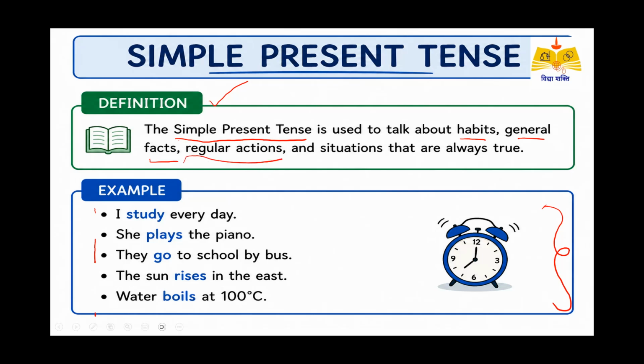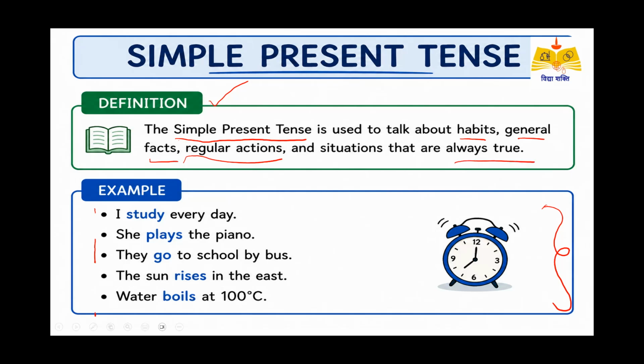I go to school every day. Okay. I study for my exams. Okay, now I go to school by bus. These are all regular actions, something that you do every day, often. Okay, na? And situations that are always true.